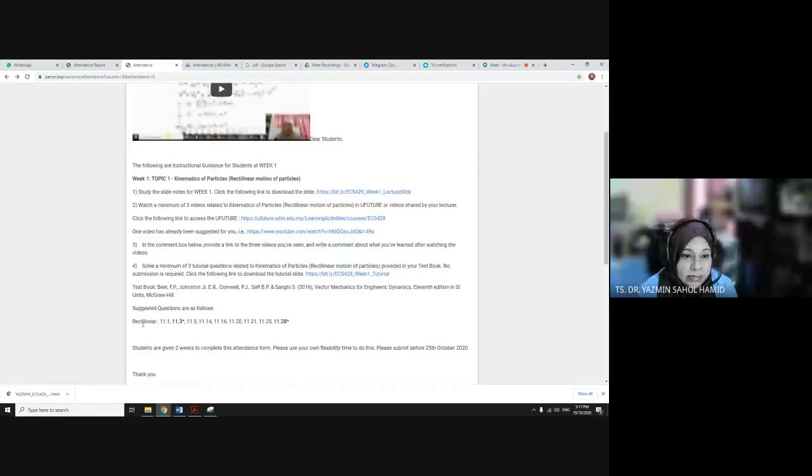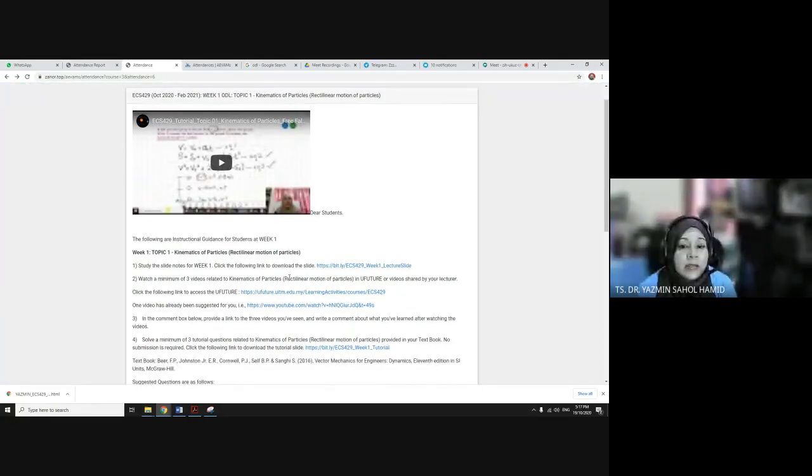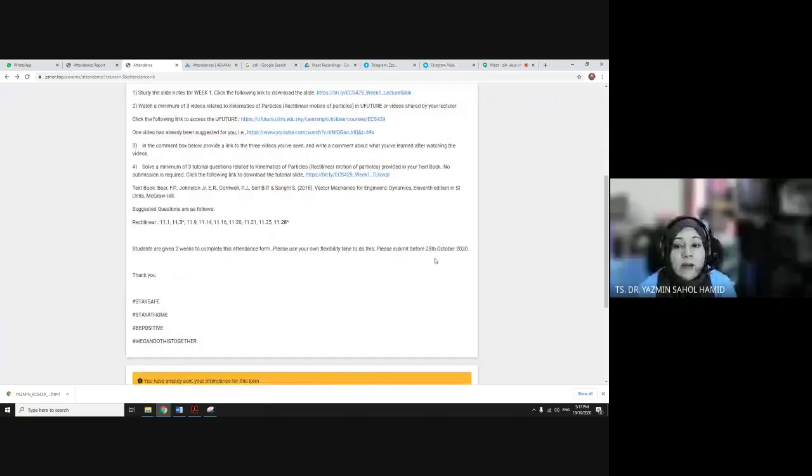Here we have suggested, if the question is rectilinear motion, do number 11.1, 11.3 star, 11.9. So this week we are doing week 1, topic 1, kinematics of particles, rectilinear motion of particle. This task is to be done by the end of this week, until 25th October.